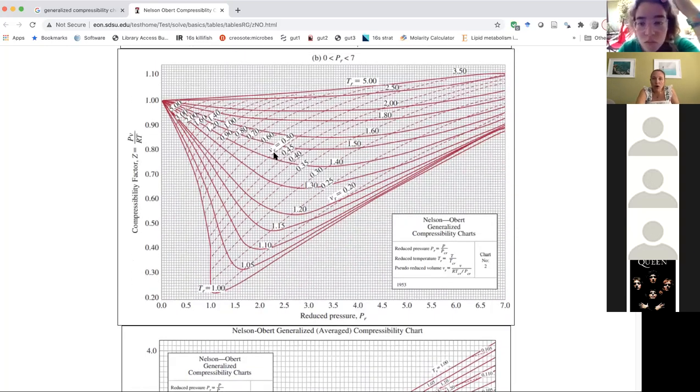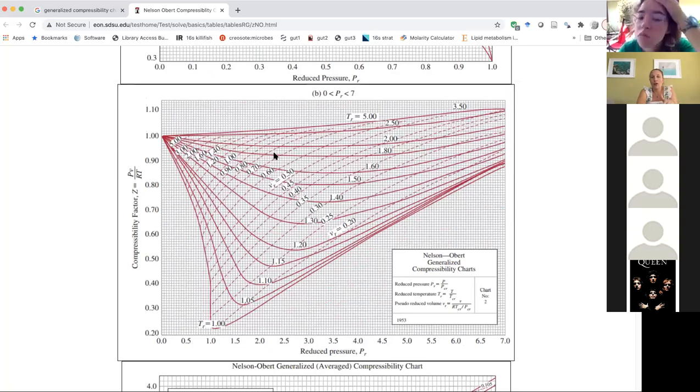All right, so we're going to go to the second chart for higher pressures, average pressures. And here we have our temperature reduced value of 0.994, which we're going to approximate to be 1. So we have this lowest temperature reduced value here, 1, this curvy line down here. And then we have our pseudo reduced specific volume of 0.366, which we're going to approximate to be 0.35.